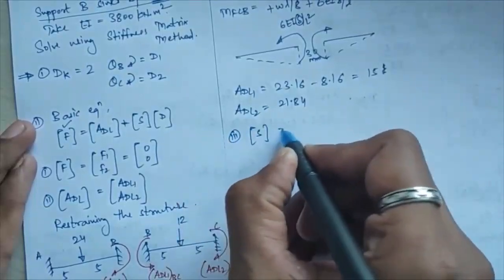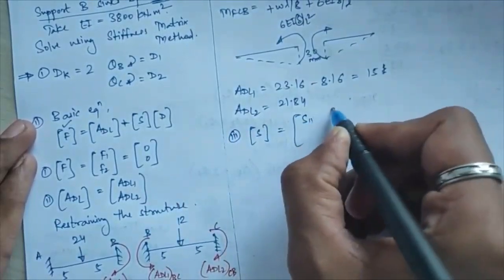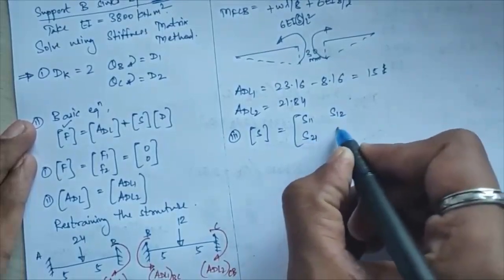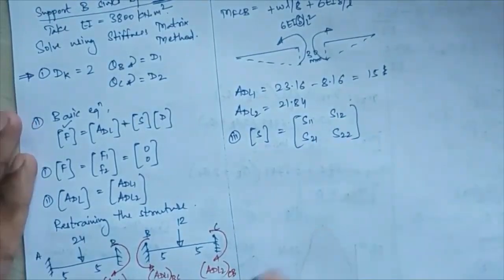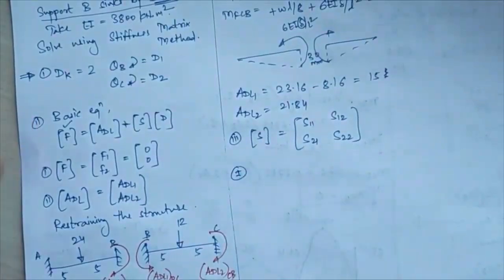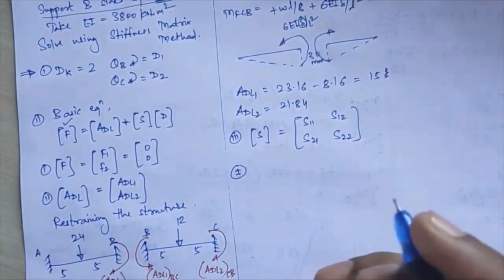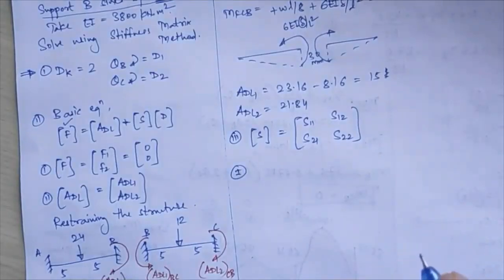So the S matrix, that is your S11, S12, S21 and S22. In that, for the first column, what we do is apply the unit positive displacement at your coordinate 1.